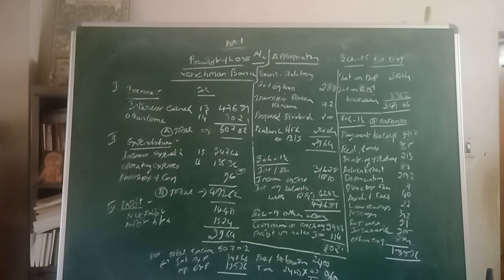Then the next one is depreciation on the bank's property. Any sort of depreciation, bank premises depreciation, and the vehicles the bank maintains, all those things come under operating expenses, schedule number 16.